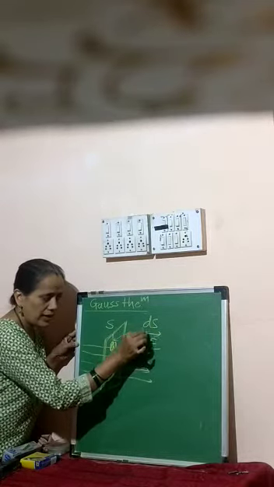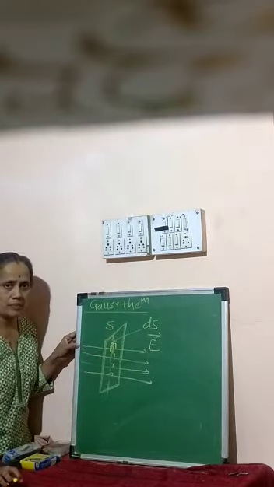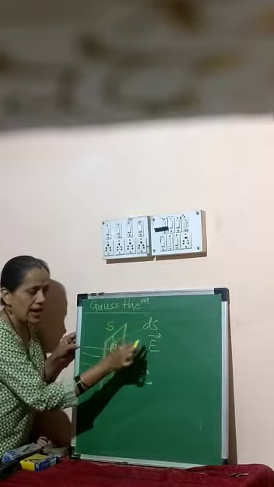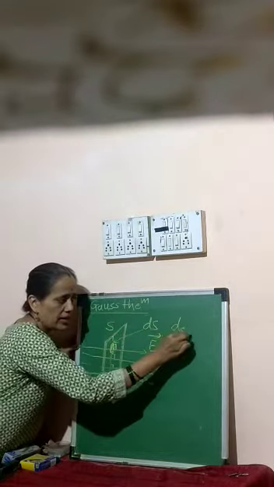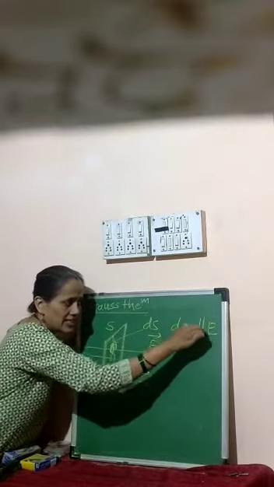So the direction of intensity and the ds vector are exactly perpendicular to each other, which means the perpendicular component of ds and the intensity are exactly parallel to each other.